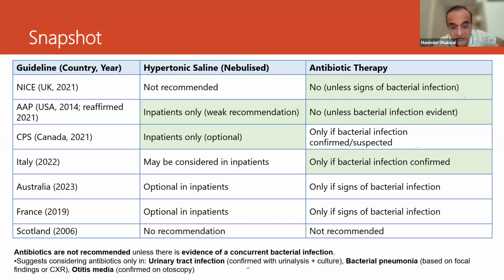Very rarely will these children have a superadded bacterial infection in the ward, as they are not quite sick. But if they come to ICU and are deteriorating, at that point you might consider giving an antibiotic. Might, not a must.